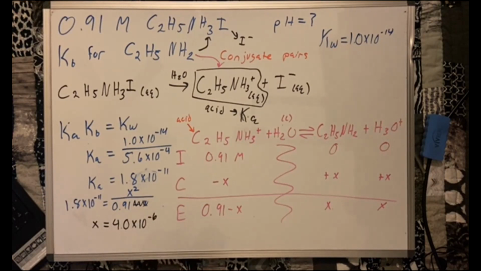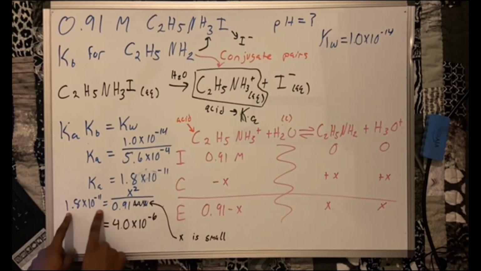Can you explain why you got rid of the minus x again? So here, I'm making my x is small assumption. So when I subtract x from 0.91, after rounding for sig figs, I'm going to get 0.91 again. And the reason I can do that is I look at my Ka and I see that it's 10 to the negative 11.